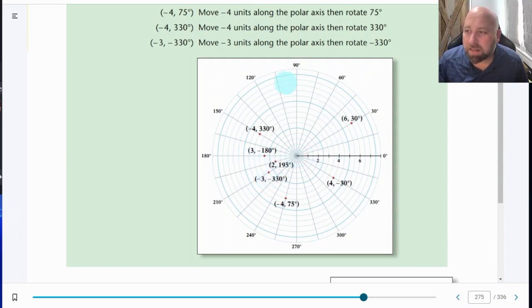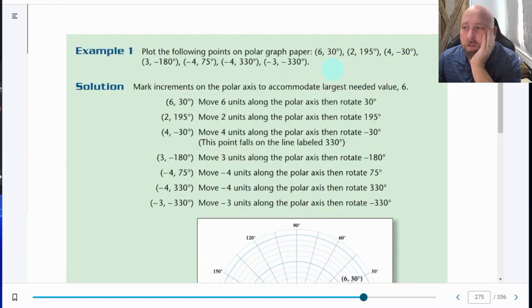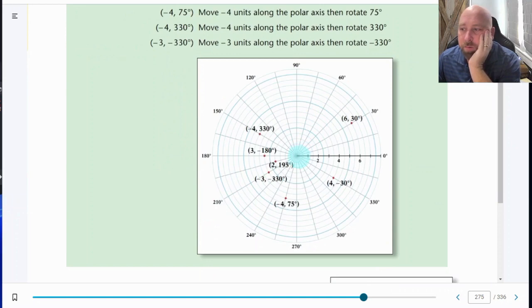So basically anything on this side of the circle, these are negative points. And anything on this side of the circle, these are going to be positive points. Okay, so if we're going this way, positive. If we're going this way, negative. So the first point here is a 6. So we want to go over here as +6. So we want to go here 1, 2, 3, 4, 5, 6. Here we are at the 6th ring, if you will, the 6th loop on the paper.